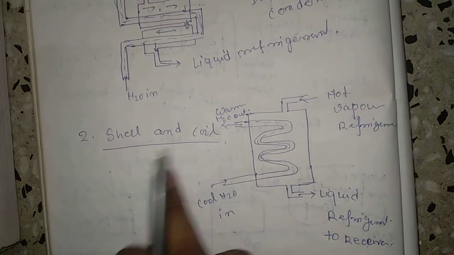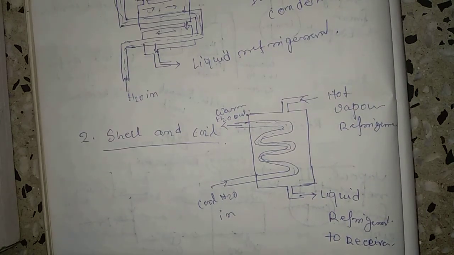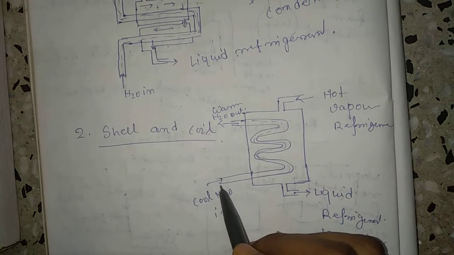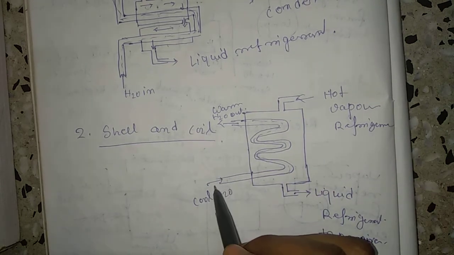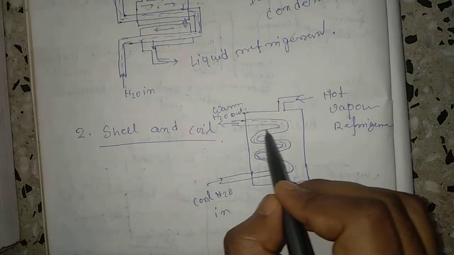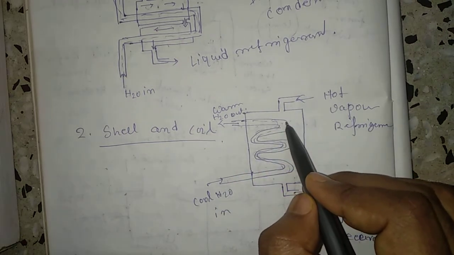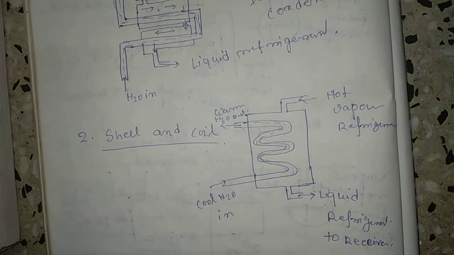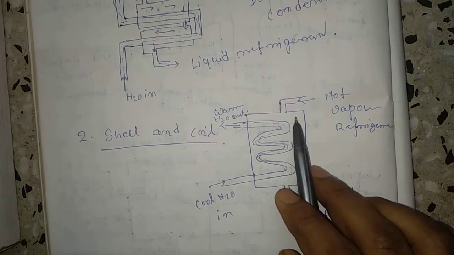And the next thing is shell and coil. As the name suggests, in the coil section the cooled water flows through this channel, and hot vapor refrigerant enters into this section.